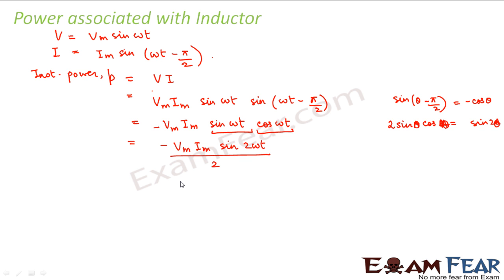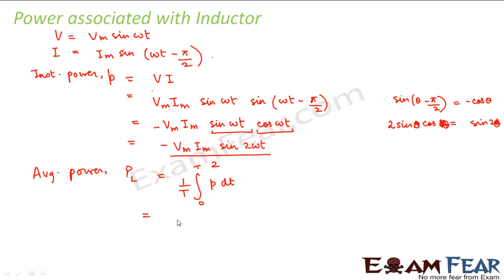But I want to calculate the average power over one complete cycle. So how do I calculate average power? Average power is denoted by capital P. Since right now I am talking about an inductive circuit, let me use a subscript L. So average power would be equal to the integration of instantaneous power over the entire time interval of one time period, divided by the time period.